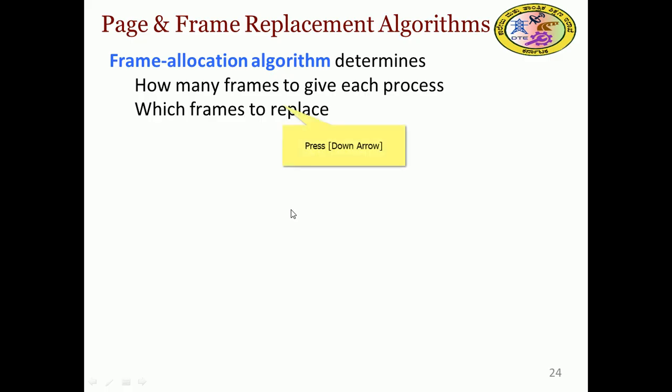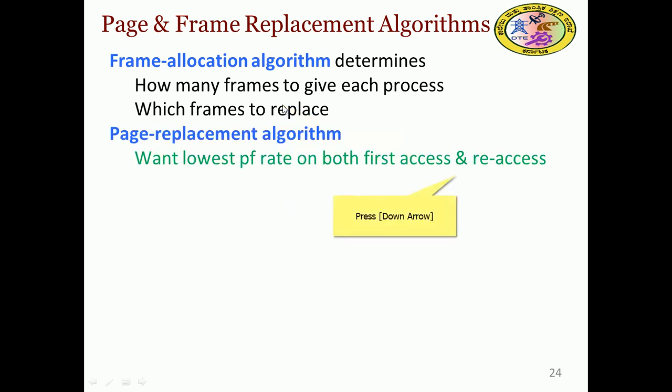The frame allocation algorithm determines how many frames to give each process, and which frames to replace. We want algorithms with the lowest page fault rate on both first access and re-access.